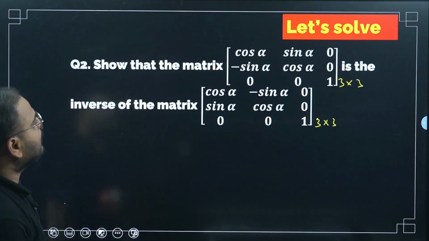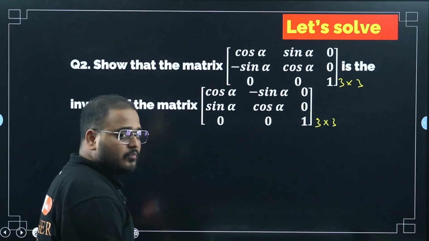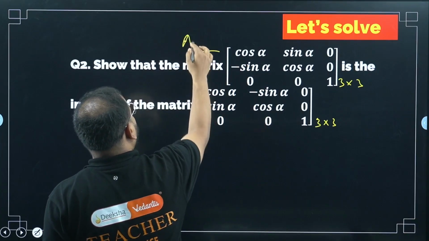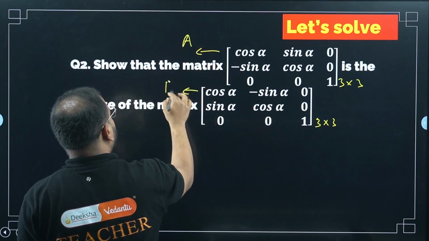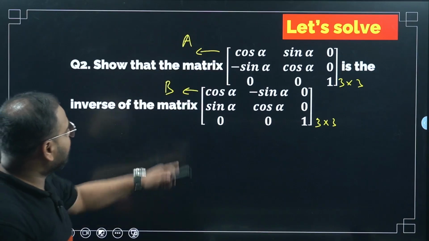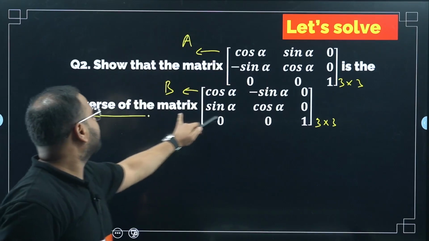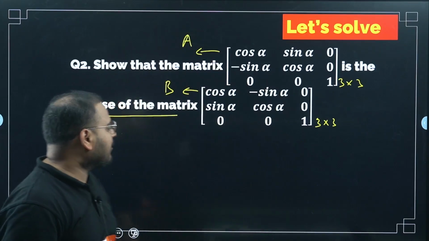Coming to this question now, if I call this matrix A and this one matrix B, we are supposed to prove that A and B are invertible, so A is the inverse of matrix B. That's what we have to prove. How can we prove that?